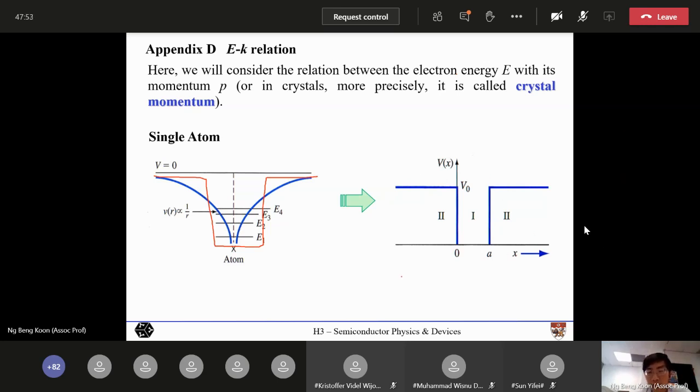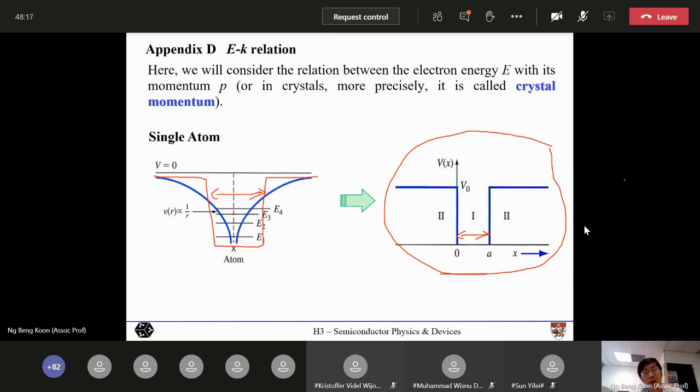If we do that, we can represent it using this approximate representation, where we define three regions. The middle one is the region where the electron is mostly found. The outer region is the part where it's harder for electrons to go.